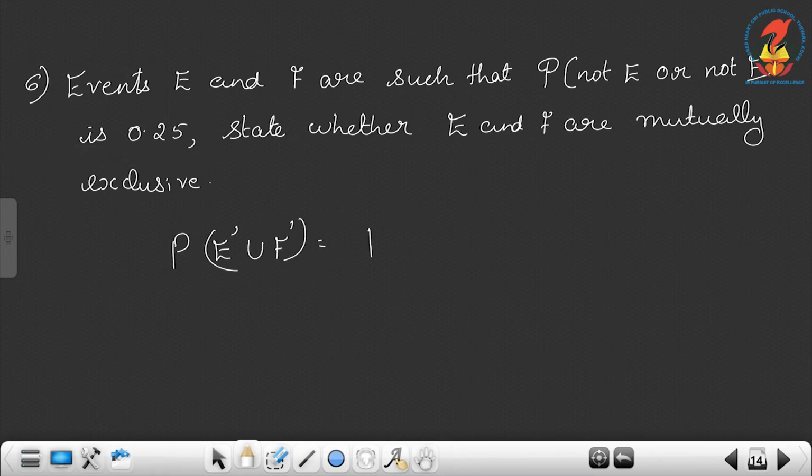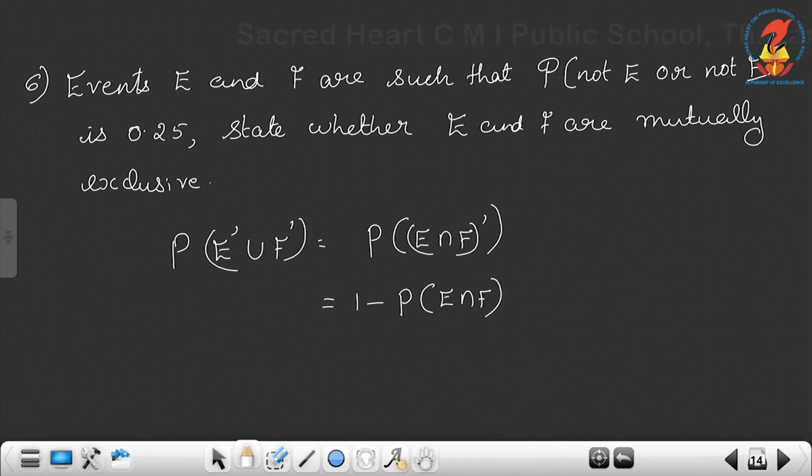By De Morgan's law, it is the same as E intersection F the whole complement. And P of A complement is 1 minus P of A, so here 1 minus P of E intersection F. Okay. And this part is given as 0.25. So, what is P of E intersection F?